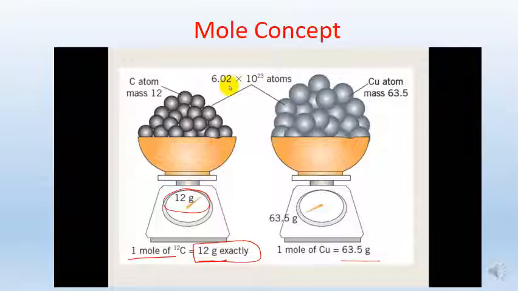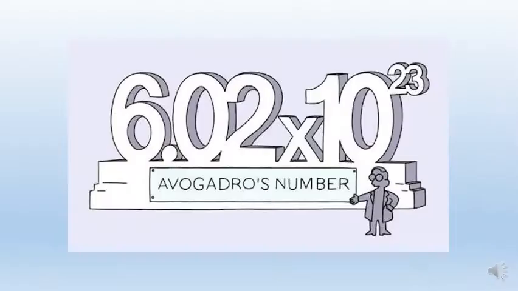So 63.5 grams of copper is exactly 1 mole. 12 grams of carbon is exactly 1 mole. So we need to look at the mole concept very, very closely in order to make any progress when studying stoichiometry.